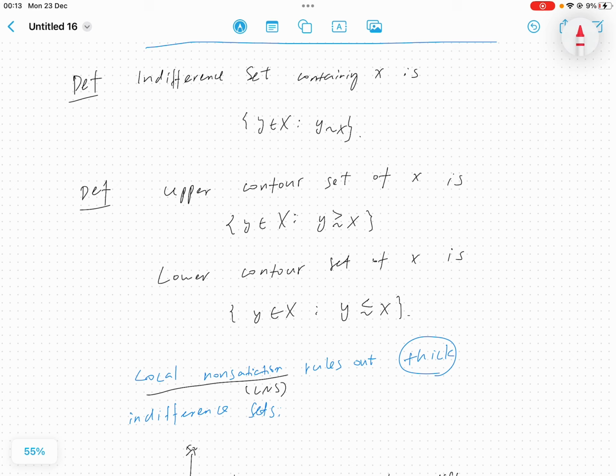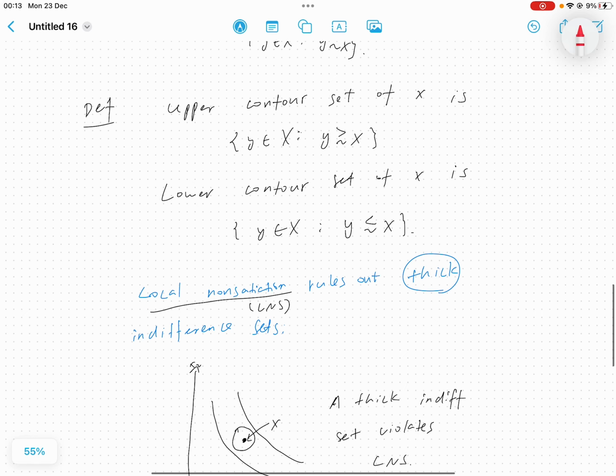We also define an upper contour set of element x, and that'll be all those y's which are weakly preferred to x, and correspondingly the lower contour set of x will be those y's that are less weakly preferred to x.